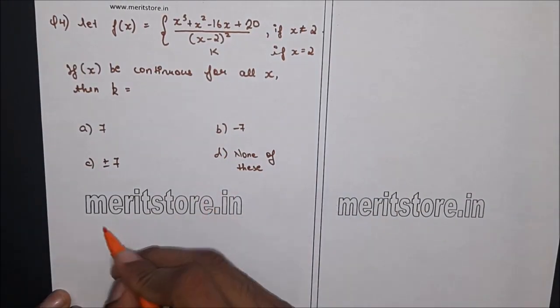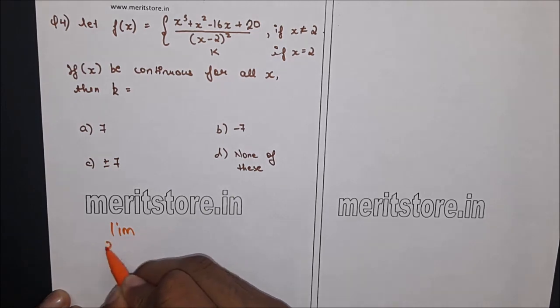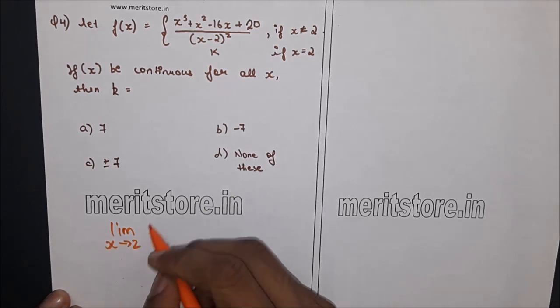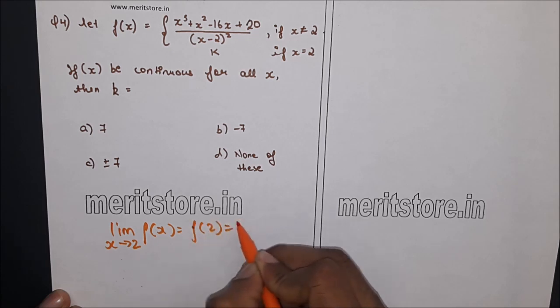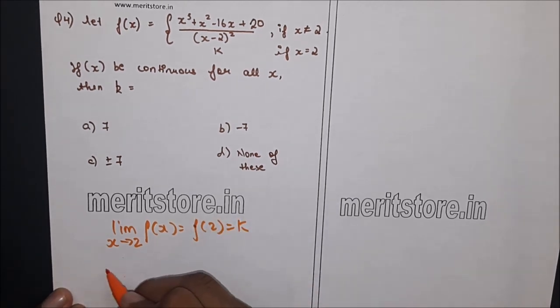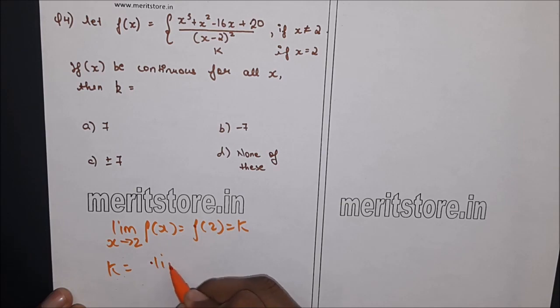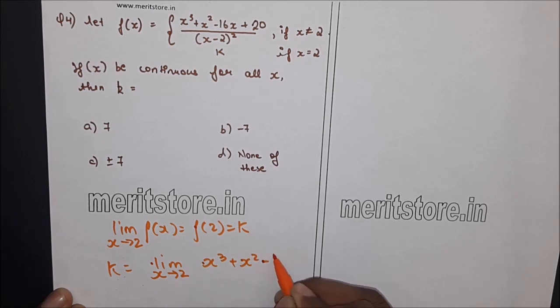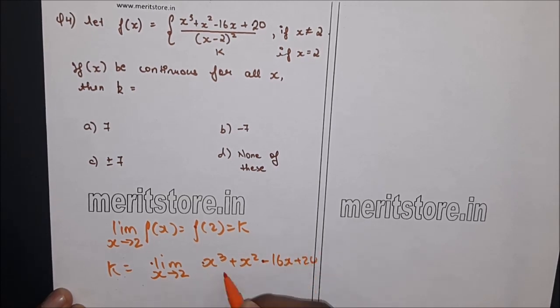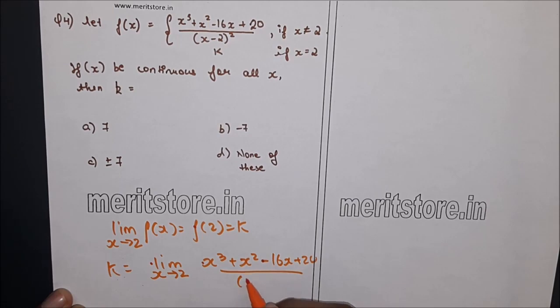For continuity, the limit as x approaches 2 of f(x) equals f(2) equals k, where we get k equal to the limit as x approaches 2 of (x³ + x² - 16x + 20) / (x - 2)².